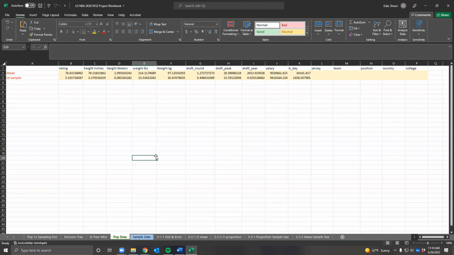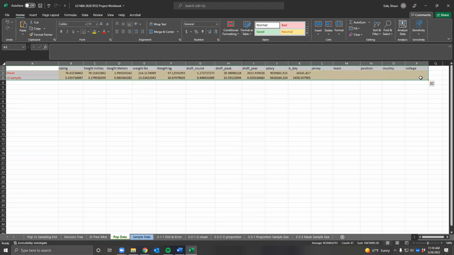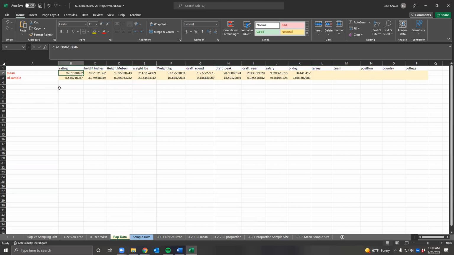Now, with your workbook, everyone's workbook is a little bit different. But what you have is you've got the population data, and so you've got a data set. What I actually did is I have, for a lot of these, the actual population data that is massively huge, and I calculated the actual population rating, the actual population height, the actual population, all of this.